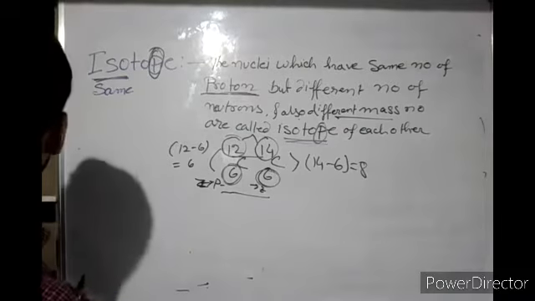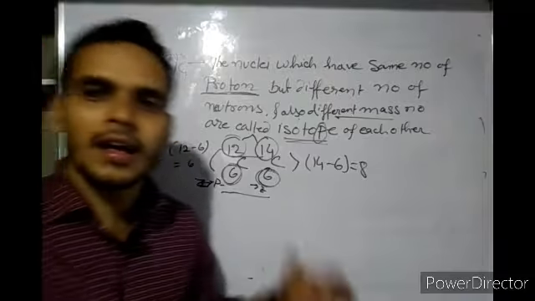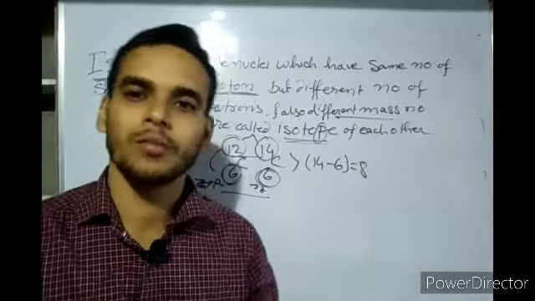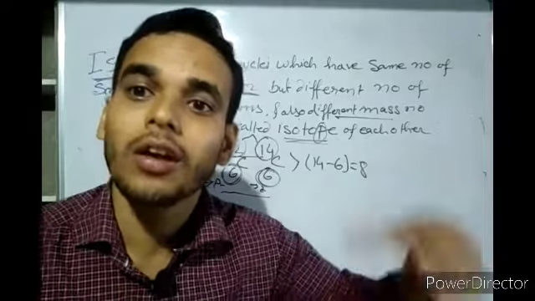Then we come to isotone. Similarly, the word iso means same, and tone, n for neutron.